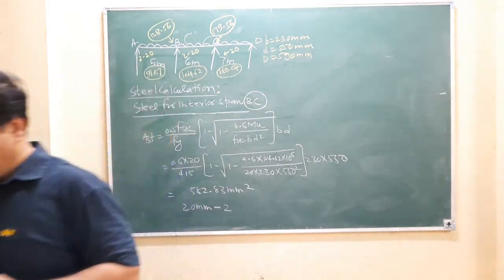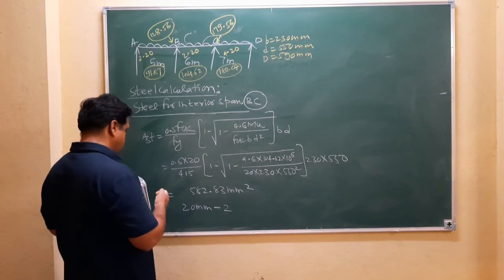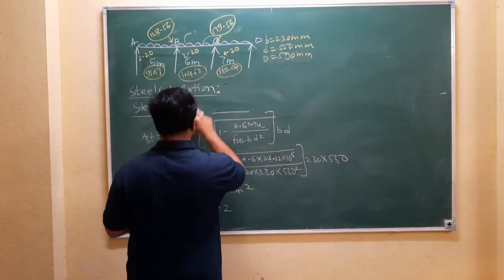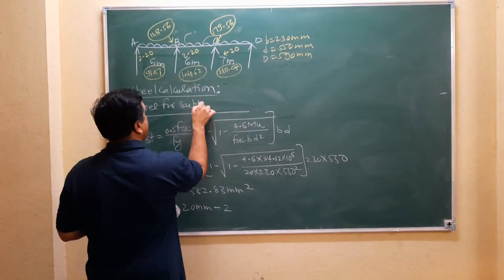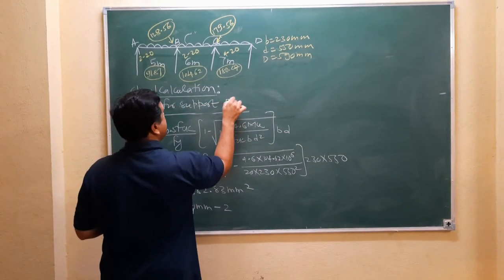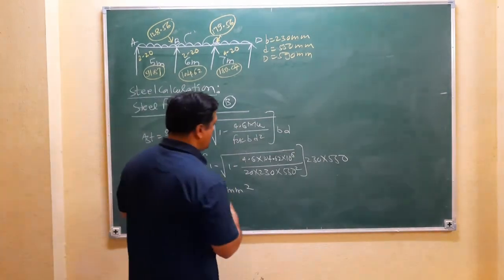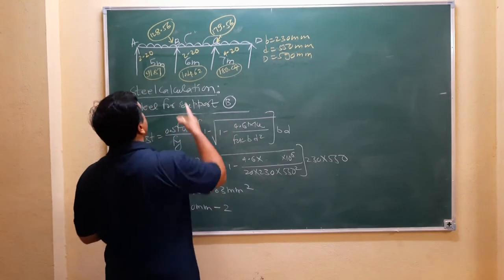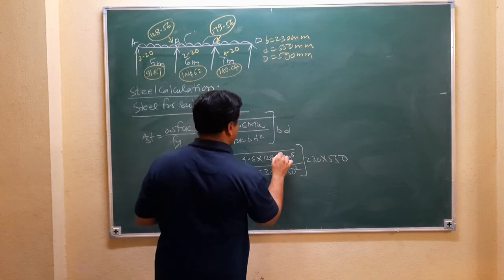Next is steel on supports. Again you have to do the same procedure. Steel for support B. On support B, you only have to change the bending moment. It is 128.56.